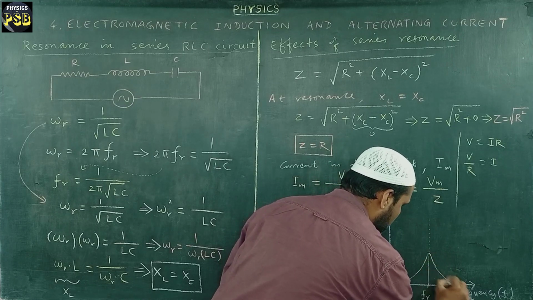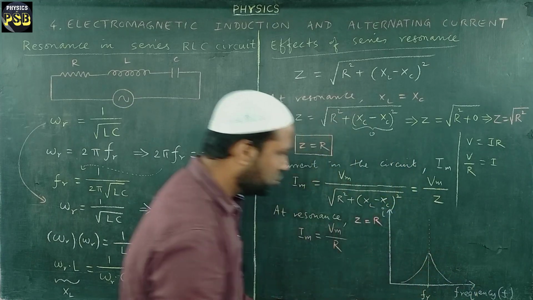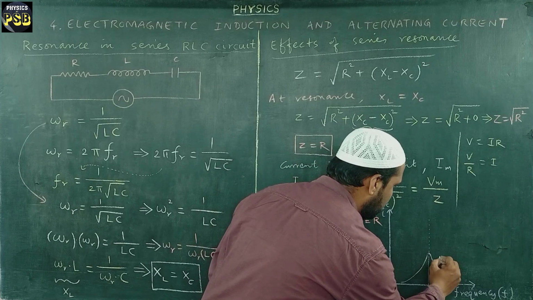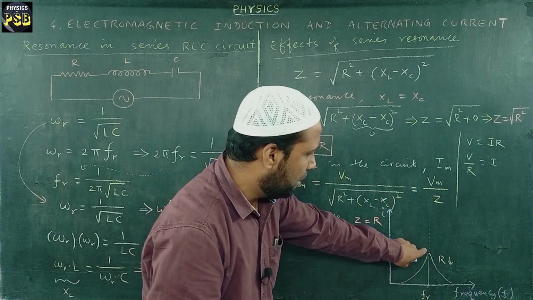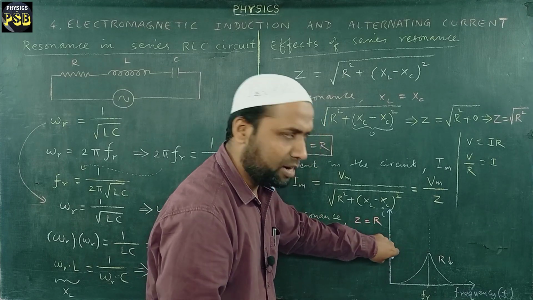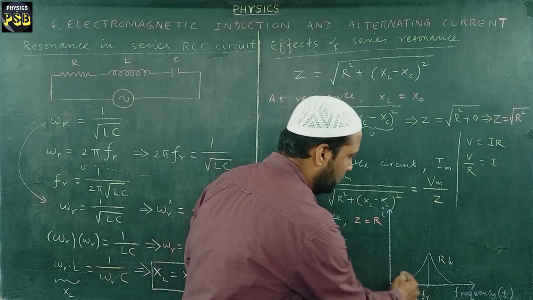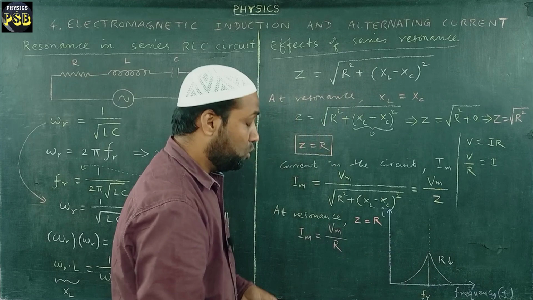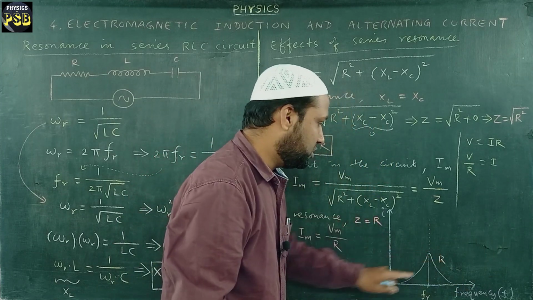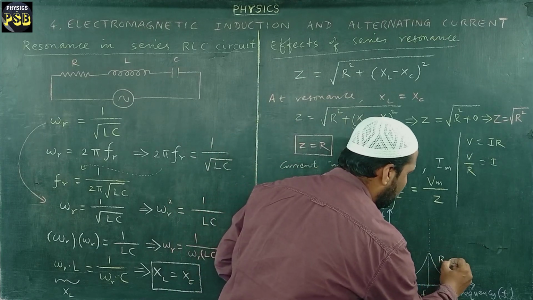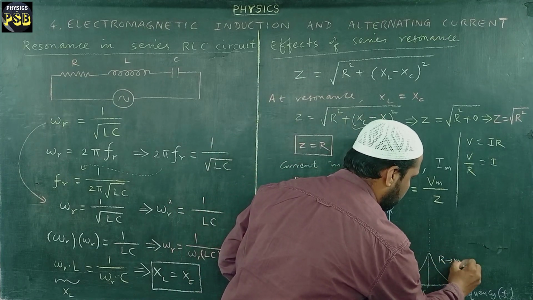I get one curve here. This curve shows that the R value is less. When the R value is less, we obtain a current shown by this peak. Now, this represents some R value, and here the R value is taken as maximum.